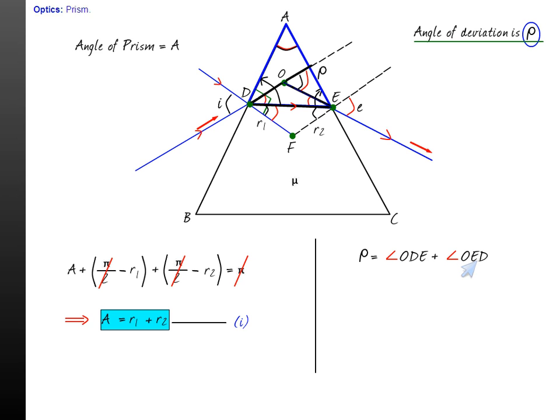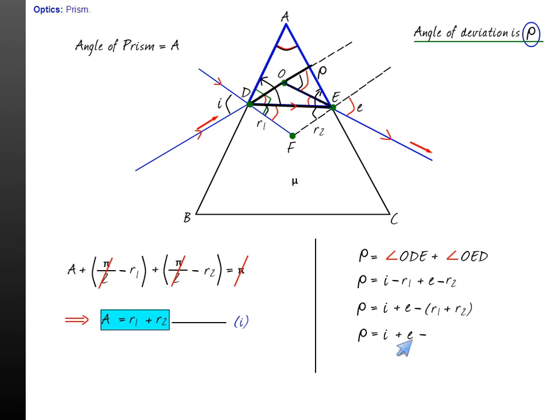Now friends, angle ODE is I minus R1, and angle OED is E minus R2, and therefore the angle of deviation rho is I plus E minus (R1 plus R2).